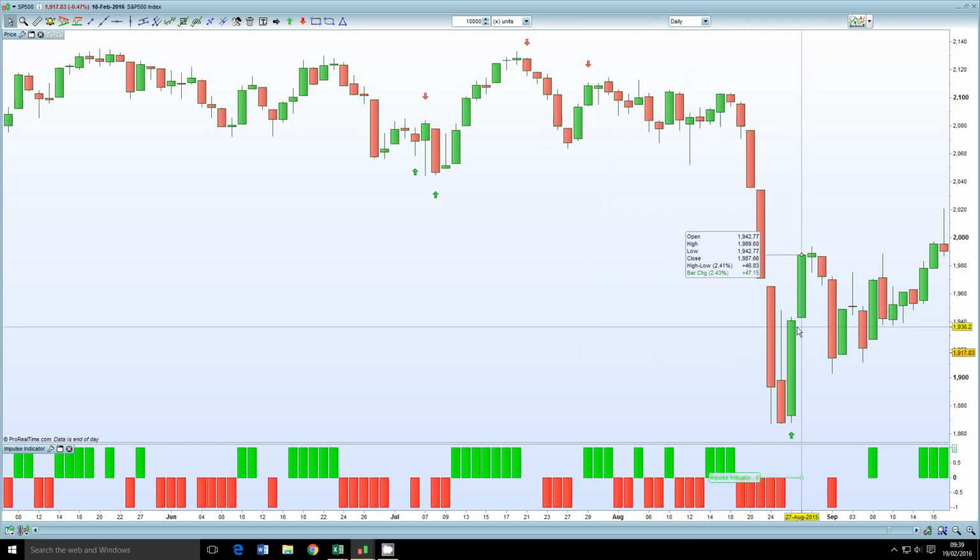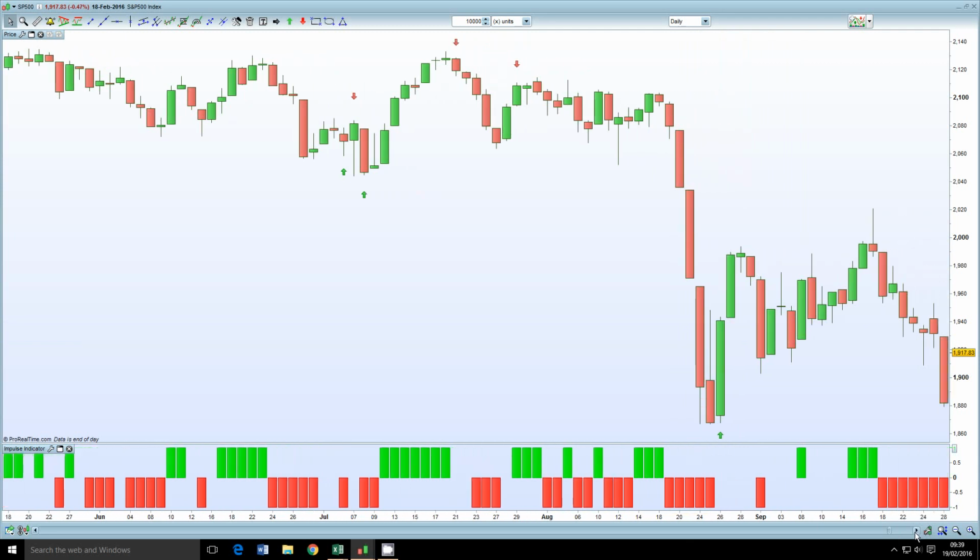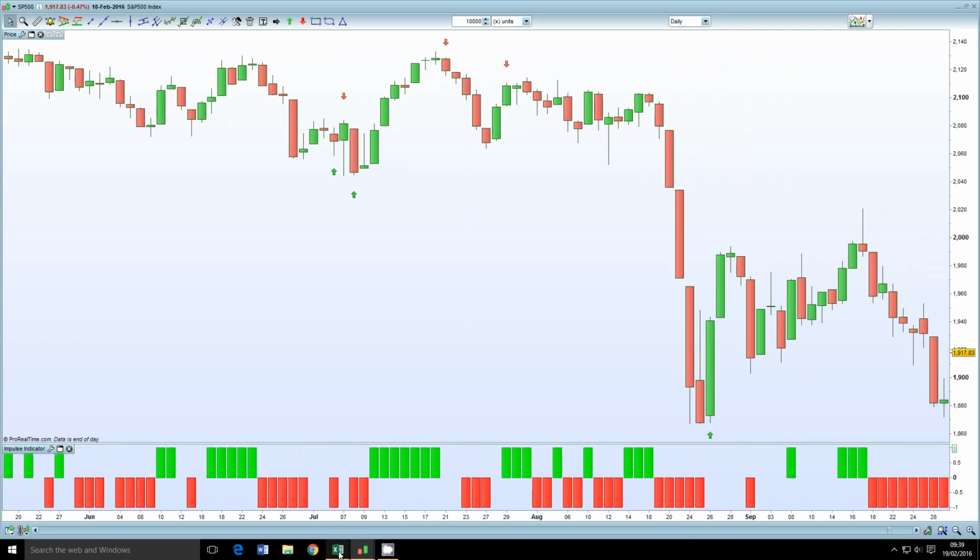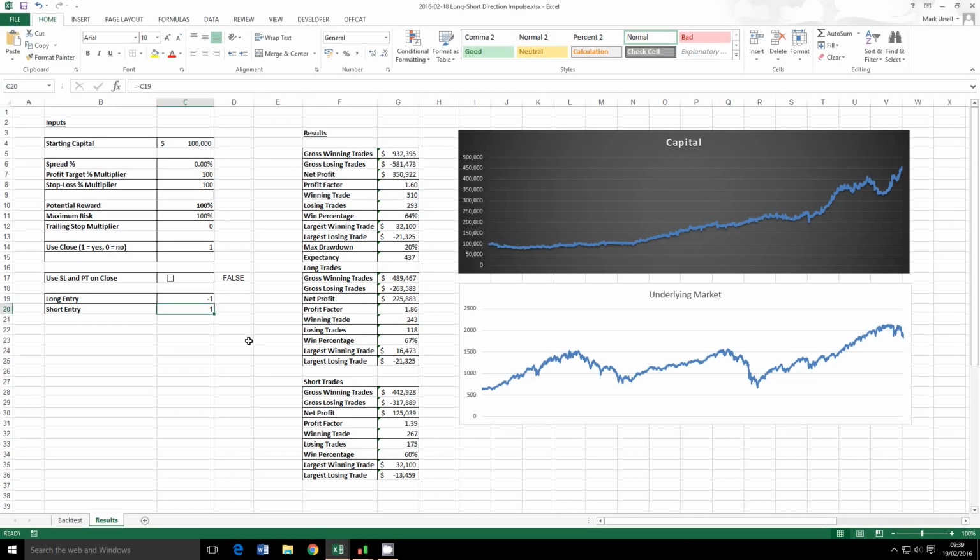They don't all work out as well as this, and of course there are a significant number of losing trades, but this is, historically speaking, the best way that I've identified to be trading with the impulse indicator on the S&P 500.